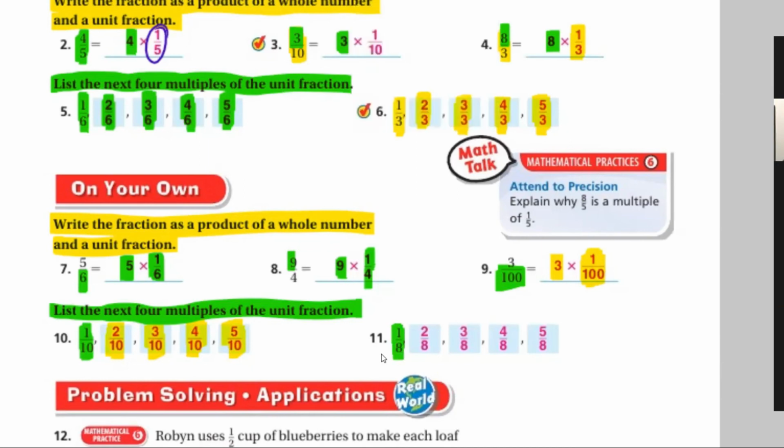What are the next 4 multiples of it? After that, 2 over 8, 3 over 8, 4 over 8, 5 over 8. Okay, thank you so much.